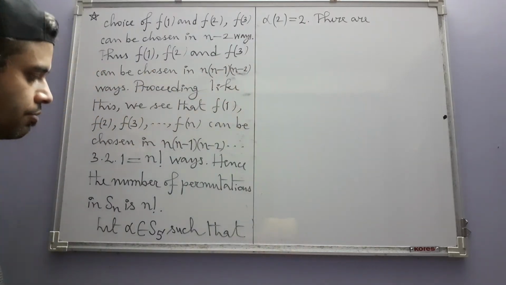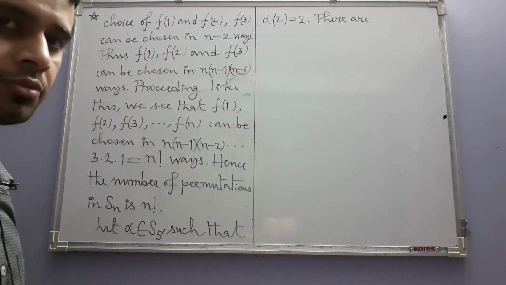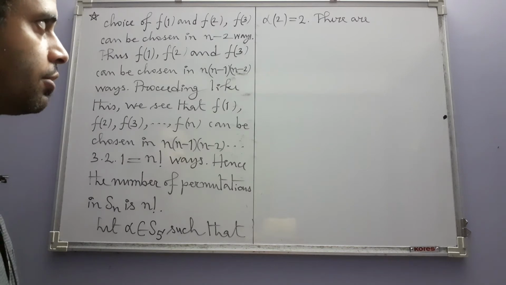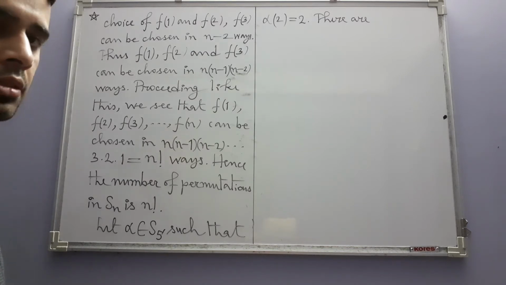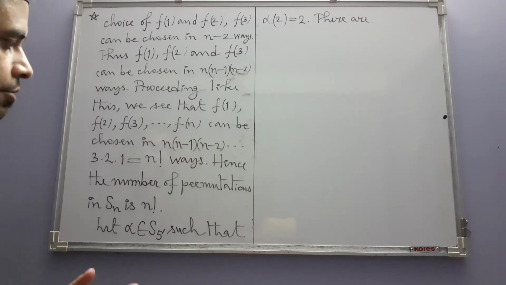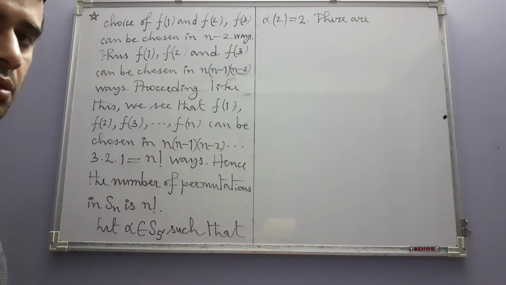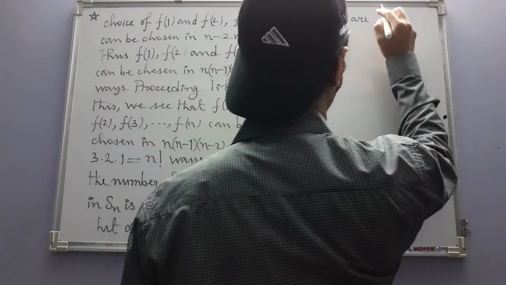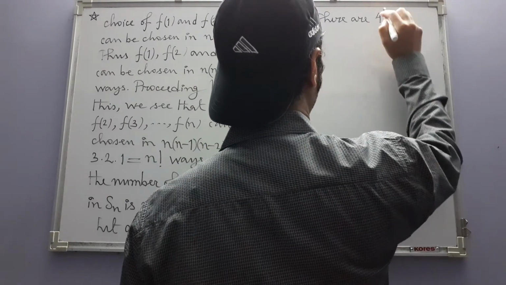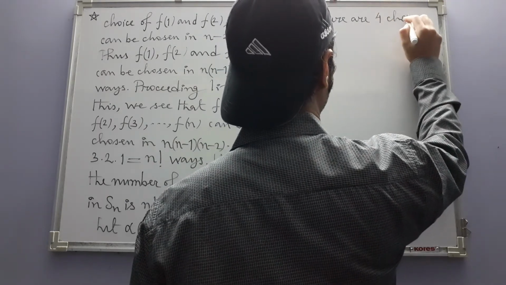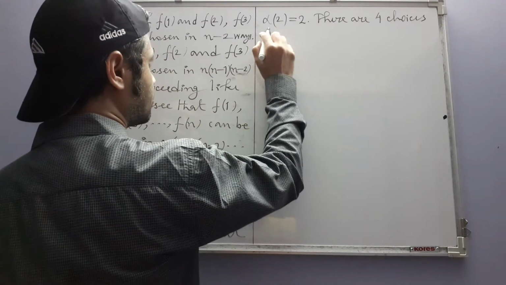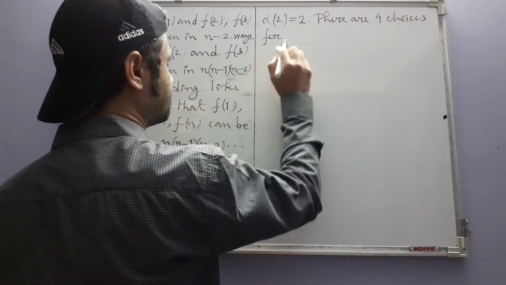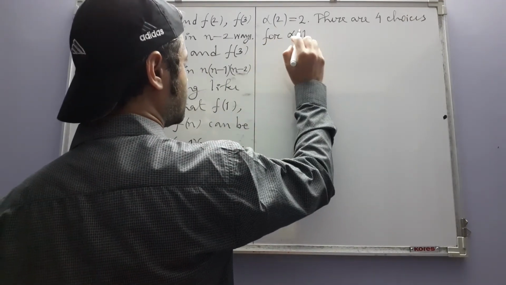Okay, so because we are in S5, there are 5 symbols. Since alpha of 2 has already taken one symbol, for alpha of 1 there are 4 symbols remaining, 4 free symbols yet to be taken. So there are 4 choices for alpha of 1.